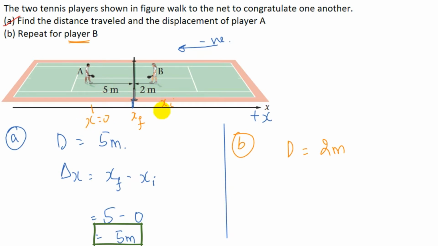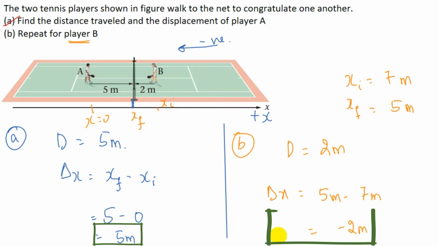So xi, that is the initial position, we have 7 meter, and the final position here, this is 5 meter. So xf we have 5 meter. So displacement is xf minus xi. So 5 meter minus 7 meter, that would be equal to minus 2 meter. So this would be the answer for the B part.